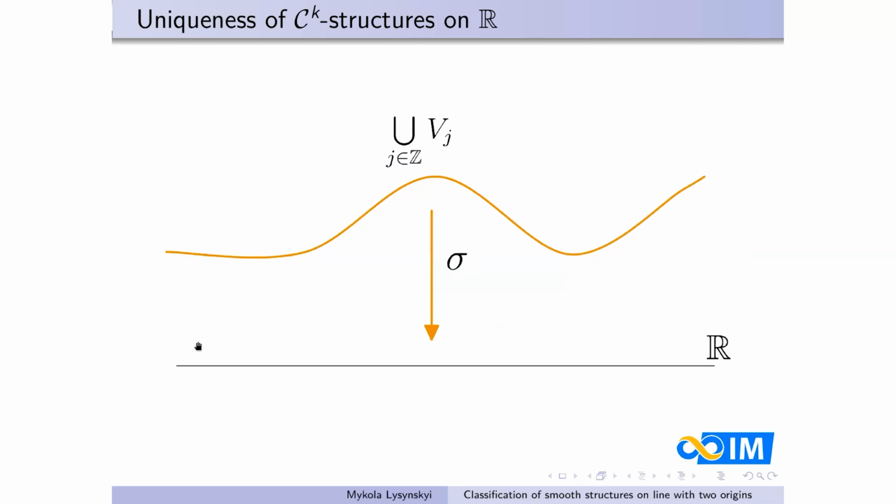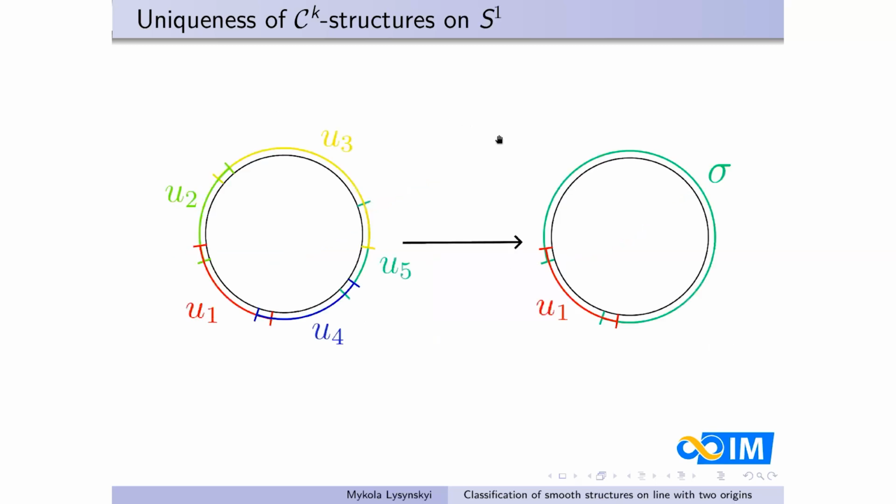Essentially, we can construct a diffeomorphism between R with any two different atlases on it. Thus, there is only one unique C^k structure on R. Similarly, we can prove that there is a unique C^k structure on the circle.